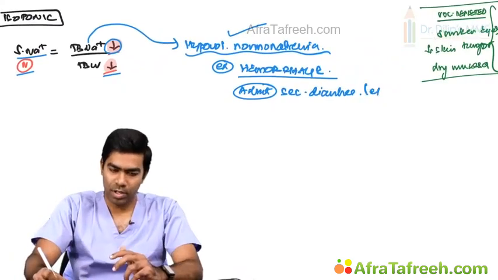So the best example will be cholera, where you'll have a hypovolemic normonatremia only. The B subunit of the cholera toxin is going to activate the CFTR protein through cyclic AMP. CFTR will produce chloride efflux, sodium also goes along with the chloride, sodium chloride will go out, along with that water also will go, and you will result in diarrhea. That's secretory diarrhea.